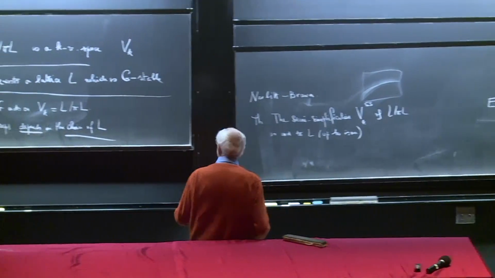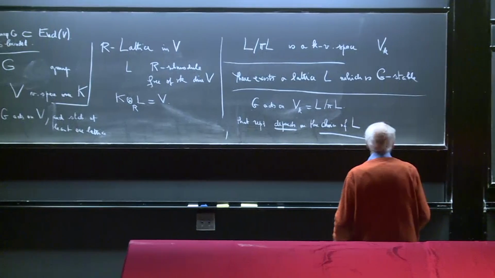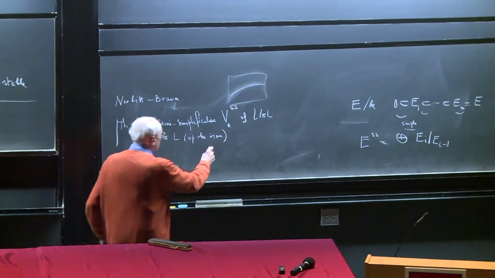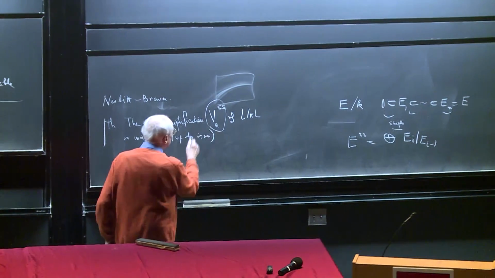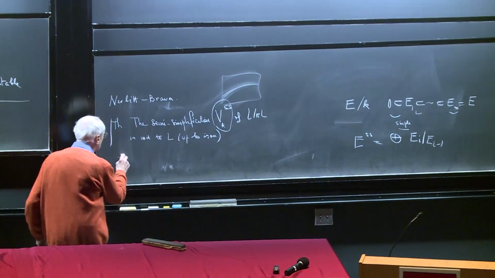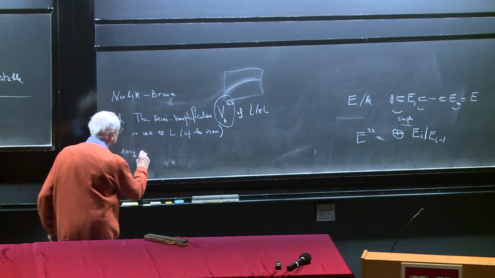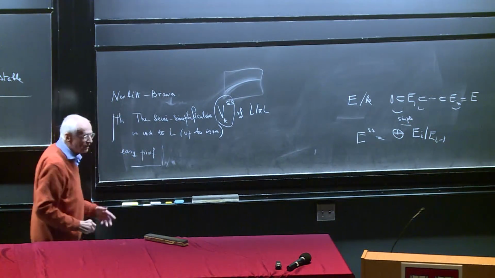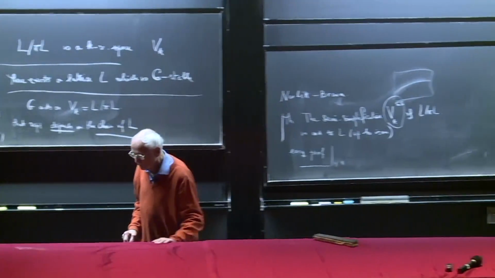Okay, so we see now the theorem of Nesbit-Brouwer tells you that the V_k^SS is independent of L, and it's really an easy proof. And it is given in all books.